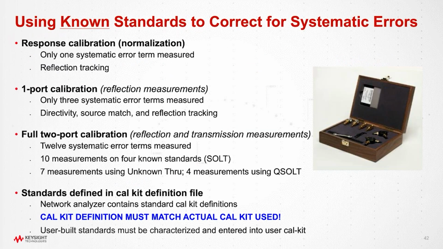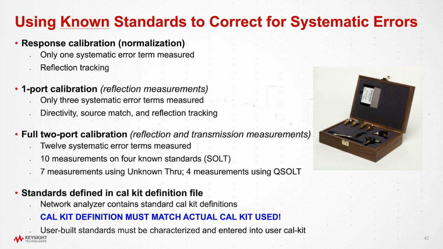And so when I talk about making short, open, load, through connections, these are known standards that you're using as your connections, and they come in a calibration kit. They're verified by a metrology lab, and it's the best way to get accurate measurements. And the number of standards you need depends on the type of calibration you're doing.